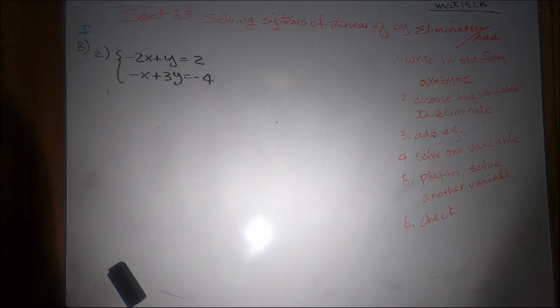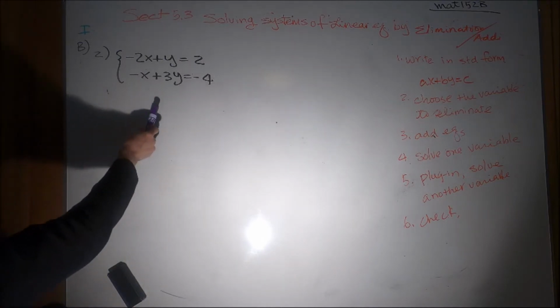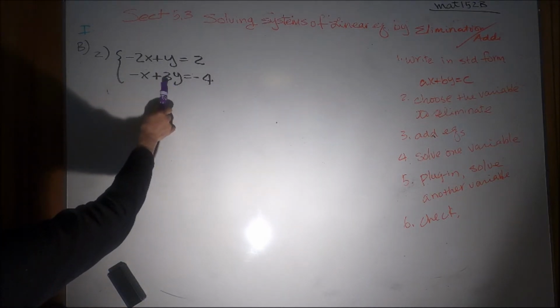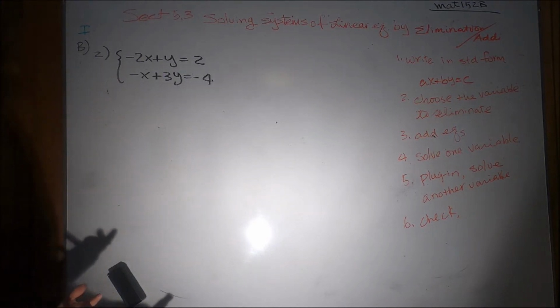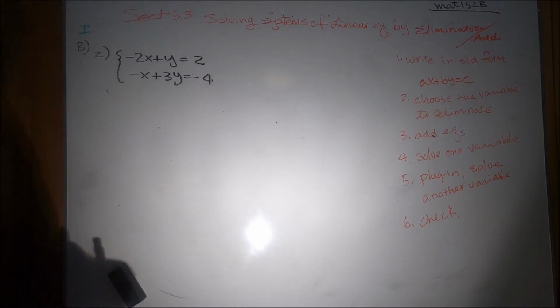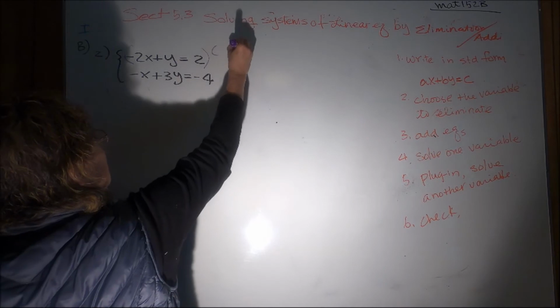So first you have to decide which one you want to eliminate, x or y, either way. Okay? So you say I want to get rid of y. It's 3y. The other one has to be what? Negative 3y, right? To be able to cancel out if you add them together.